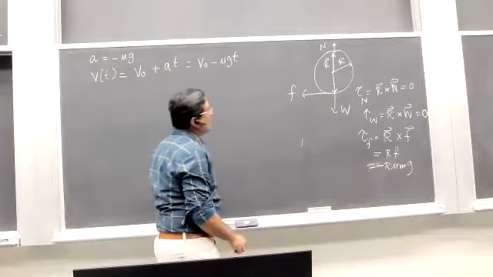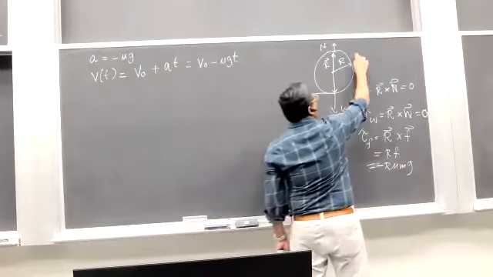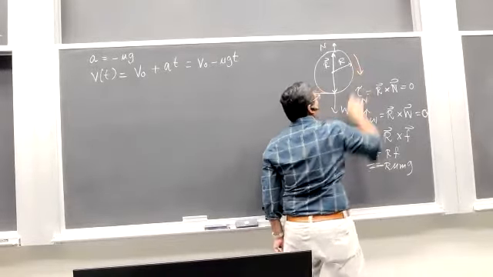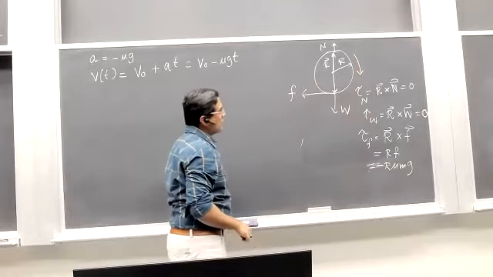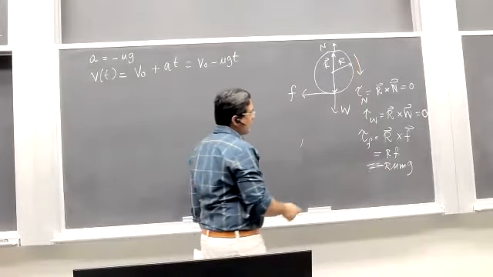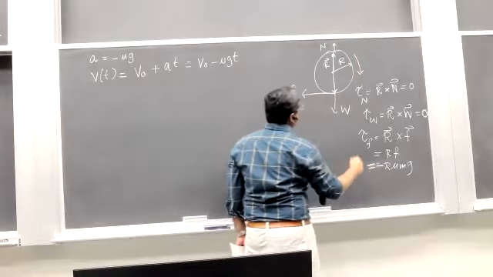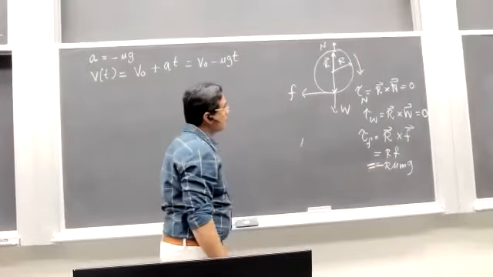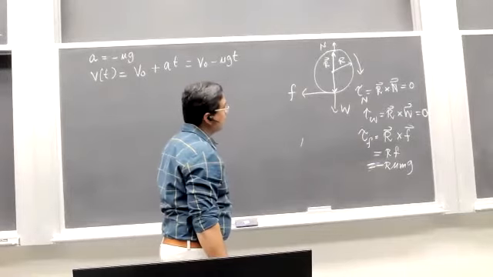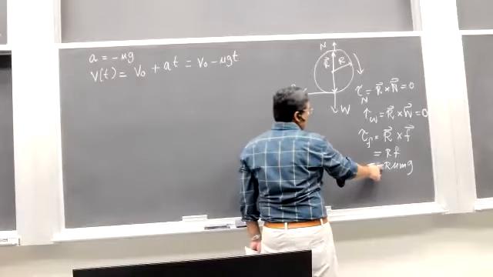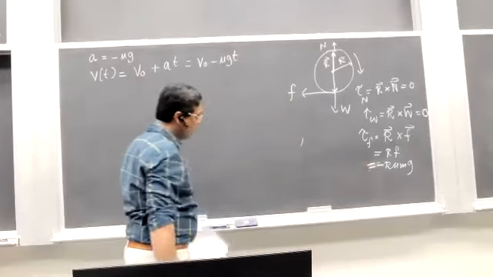That indicates that since the motion is clockwise, and for clockwise motion the torque is directed into the plane, that is where you get the minus r mu mg.